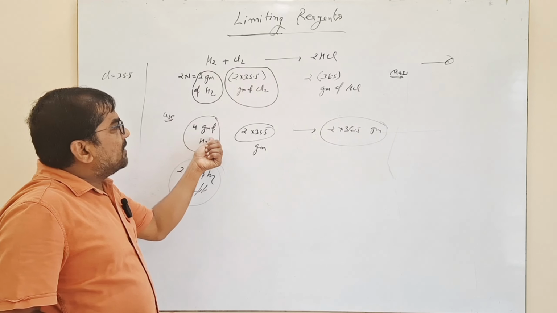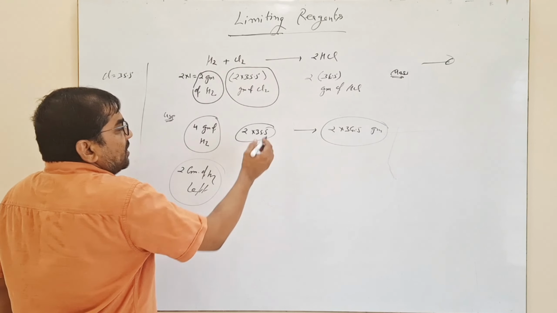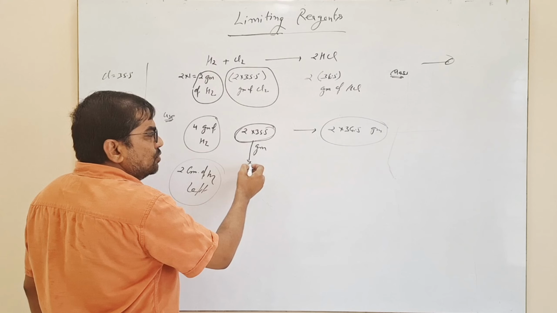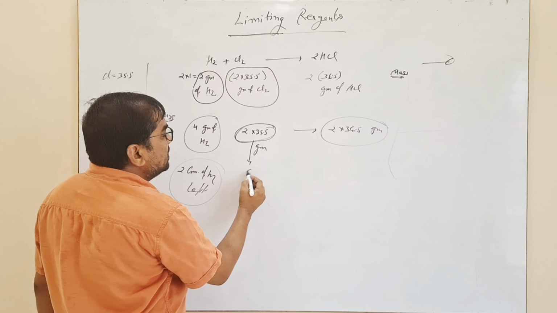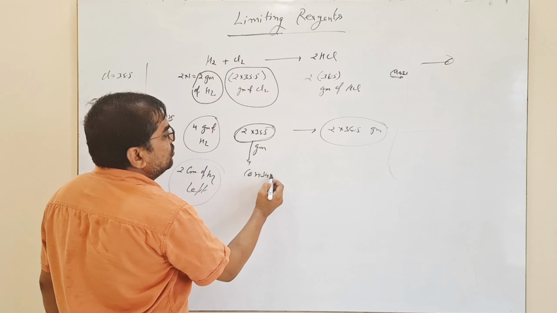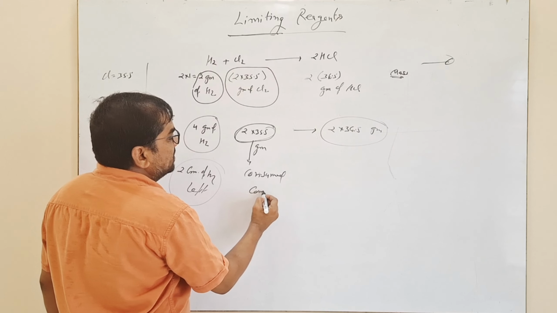Only 2 gram of hydrogen will be used, and the total chlorine will be consumed completely in the reaction.